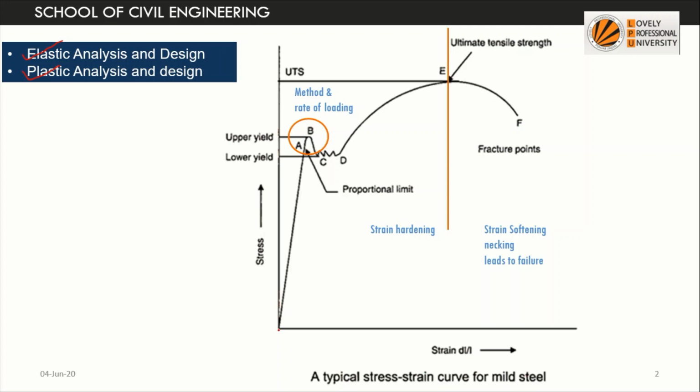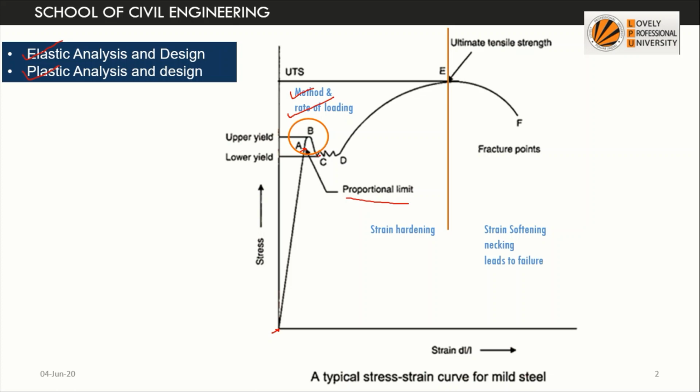So we know that this is the point of zero stress and zero strain, and up to point A, which is also referred to as the proportional limit, the stress is directly proportional to strain. This credit goes to Hooke's law. Beyond that, there is some jump. This jump depends upon the method of testing and the rate of loading.